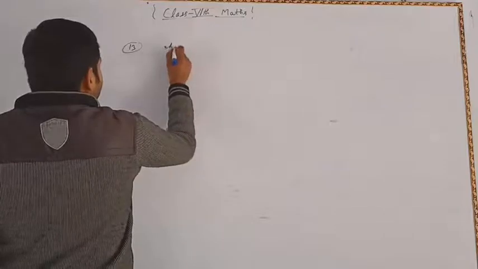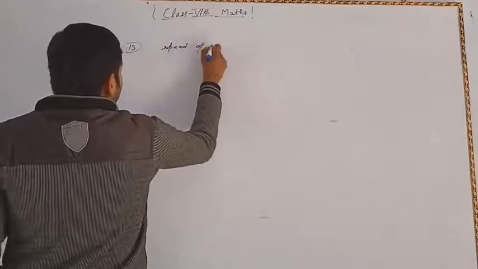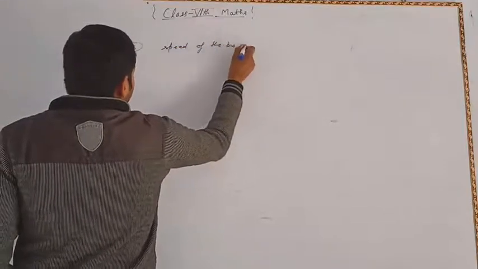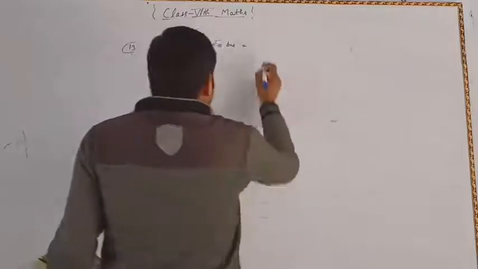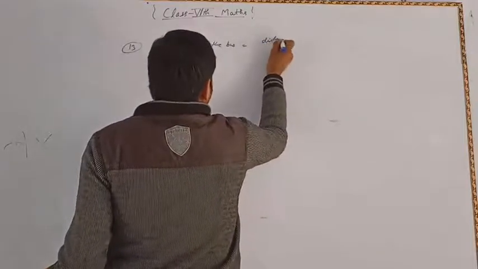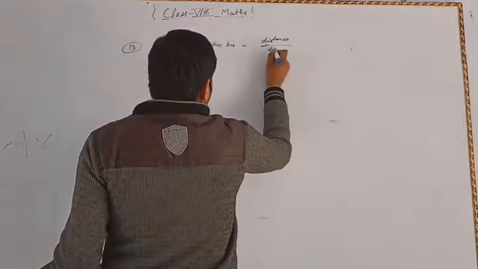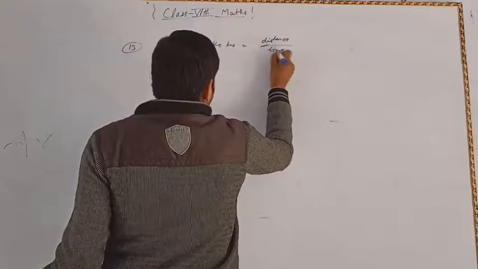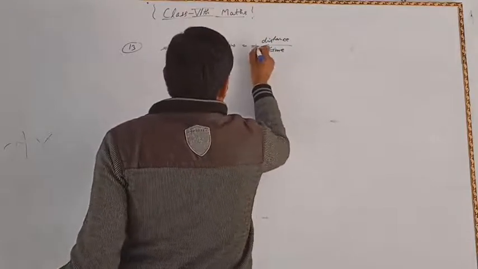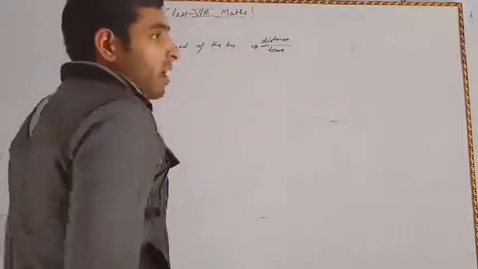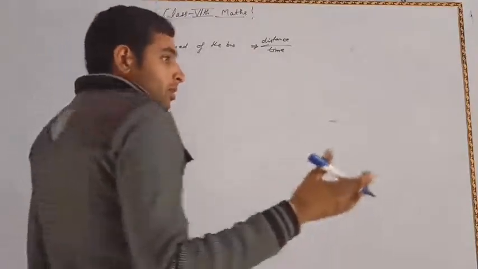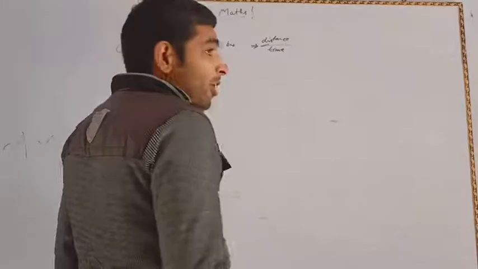So speed of the bus is equal to distance upon time. This is the formula for the speed of any moving body.